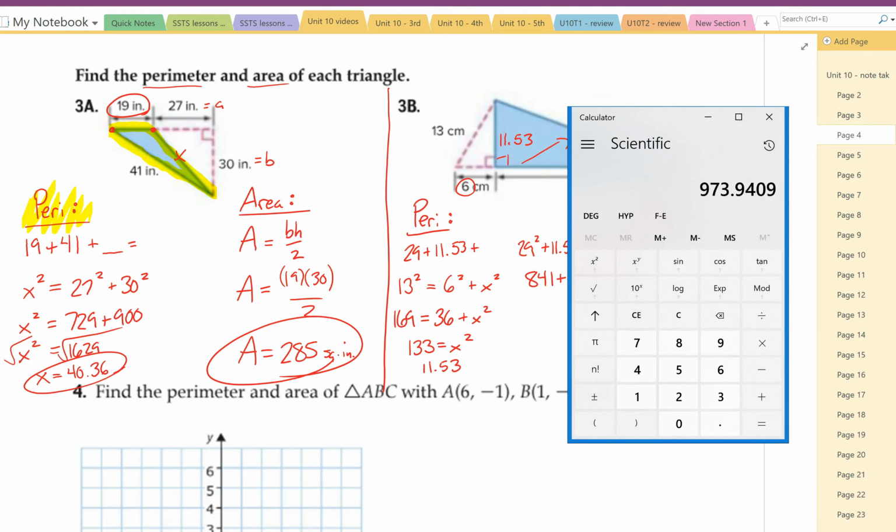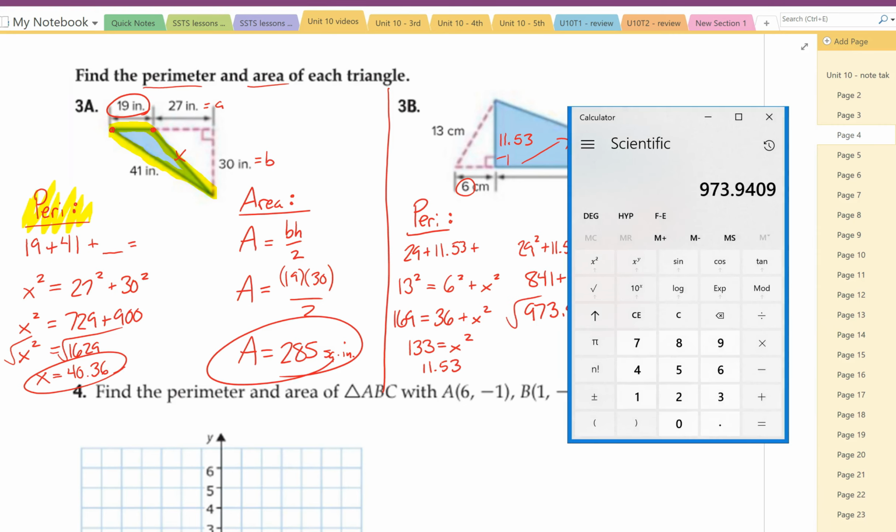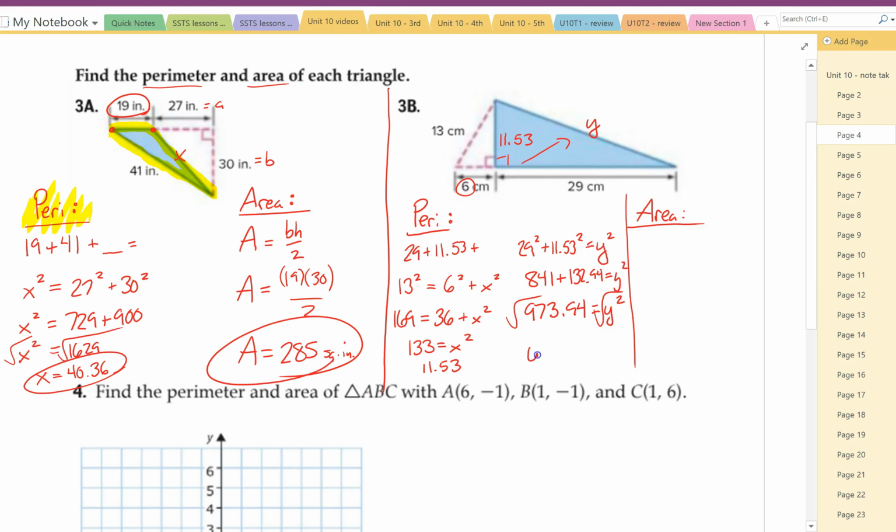So on the left side I have 973.94, and that's equal to y squared. So I just need to figure out what the square root of that is. 31.21. So y is 31.21.